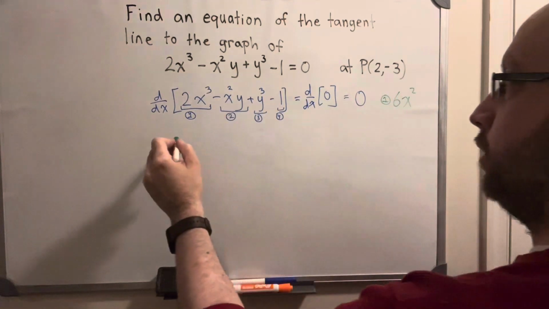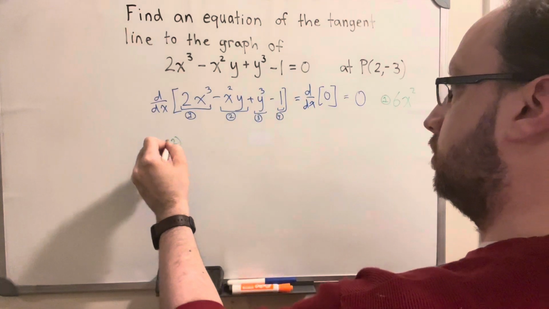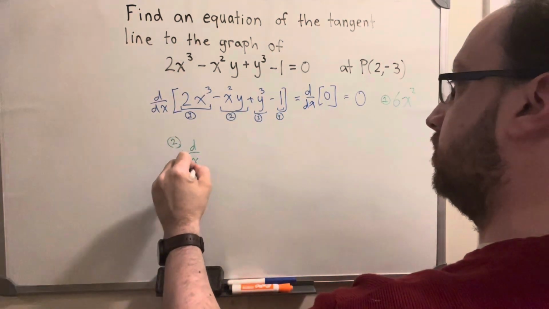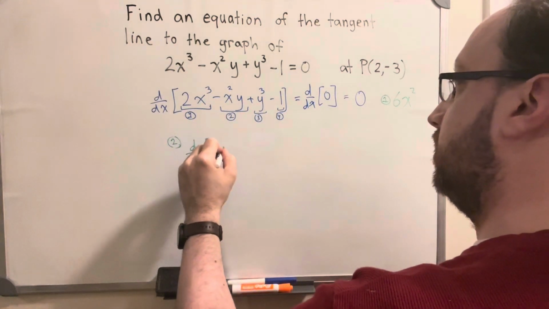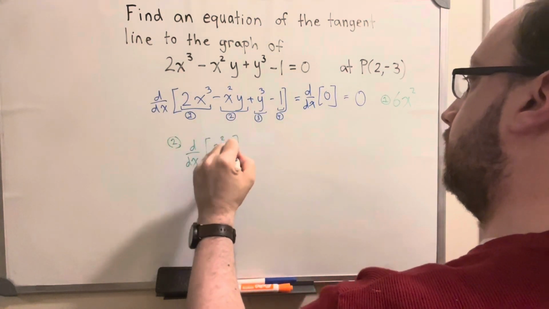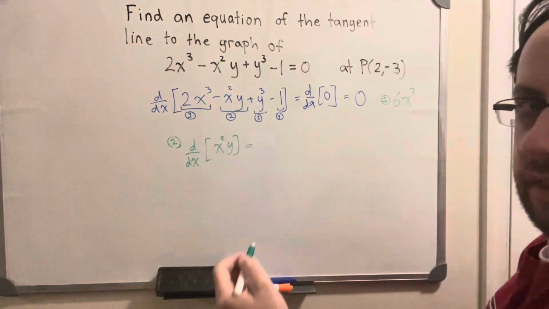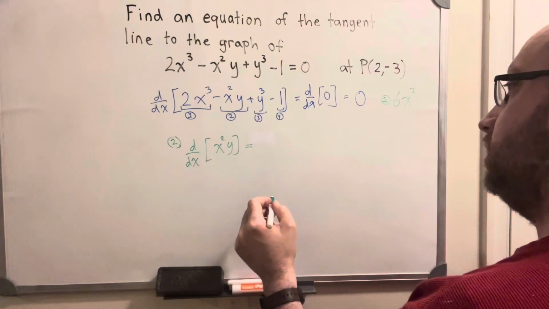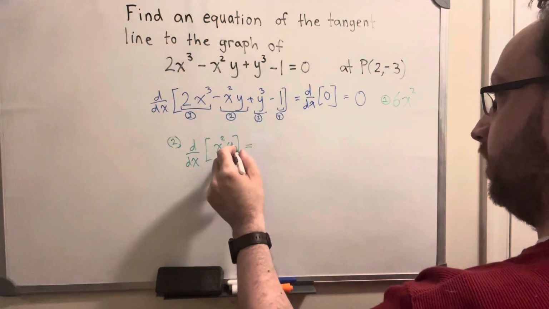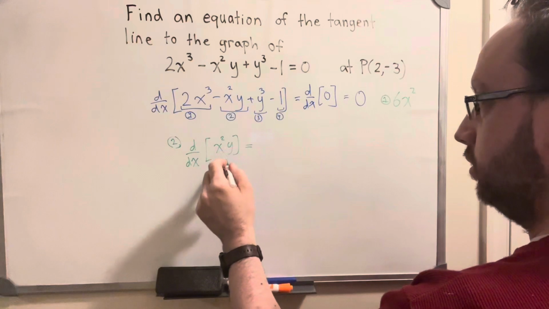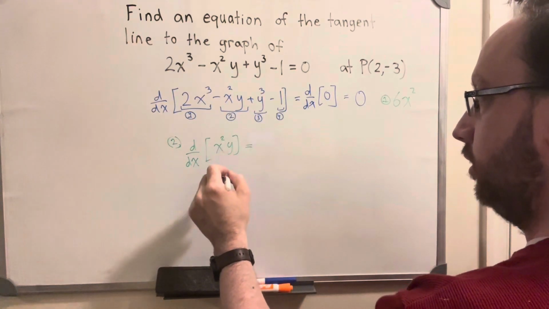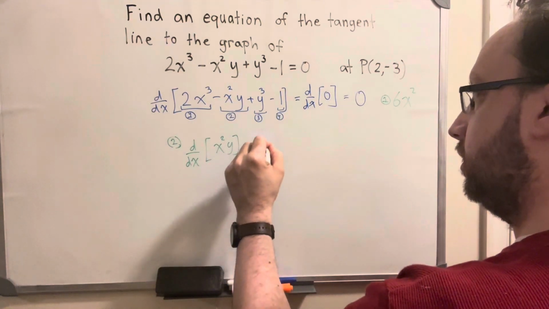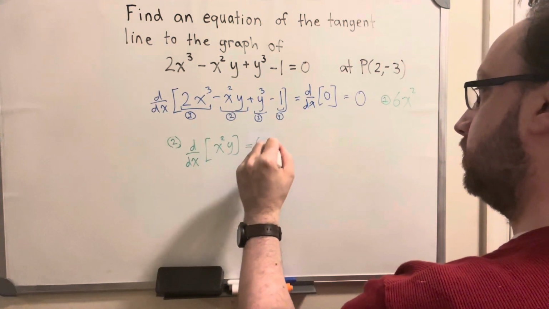Now we're going to work on number 2. How do we take the derivative of x squared y? Think about this. If you remember the product rule, we have to do the derivative of x squared. The derivative of x squared is 2x.